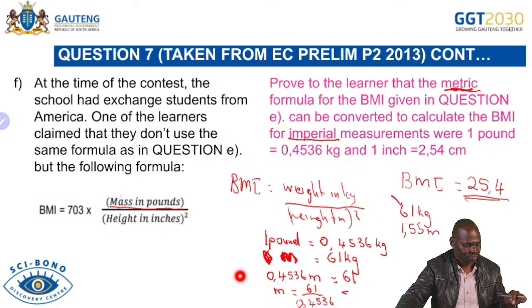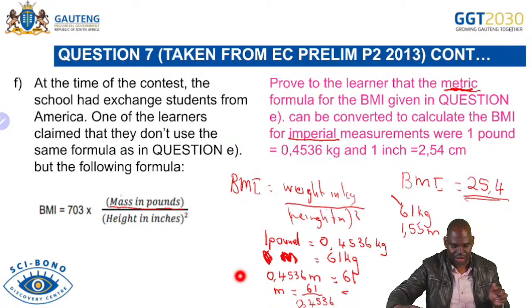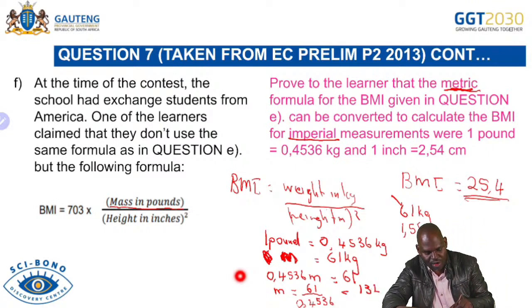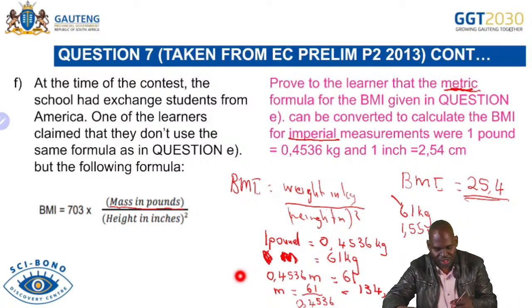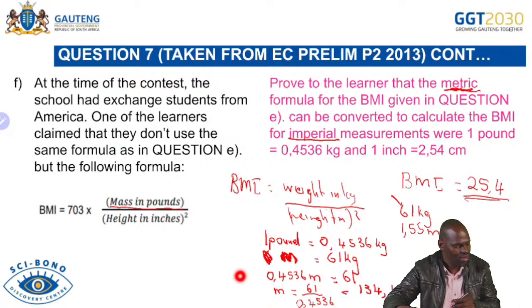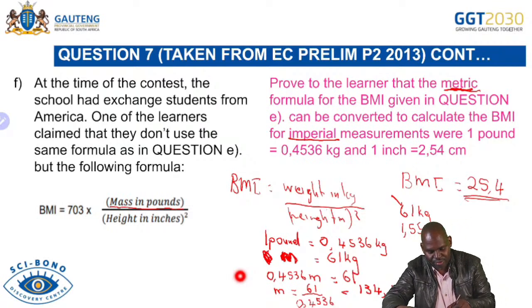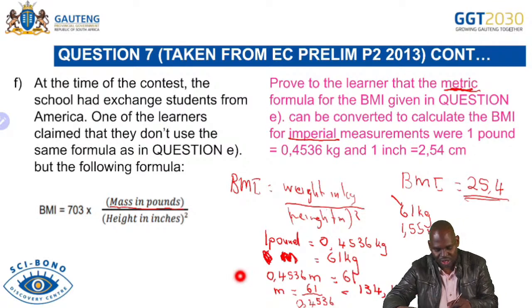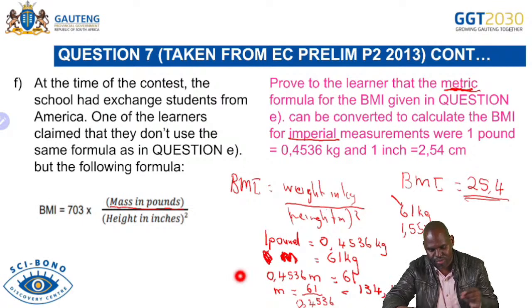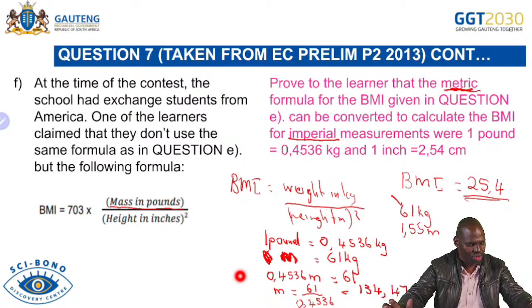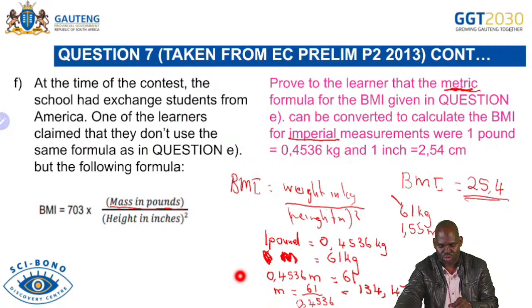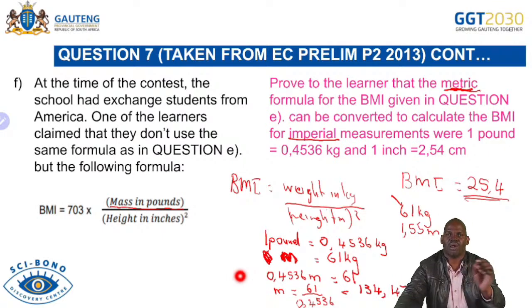So 61 divided by 0.4536. I get 134.4797178. I've got 7 decimal places. Must I round it off?